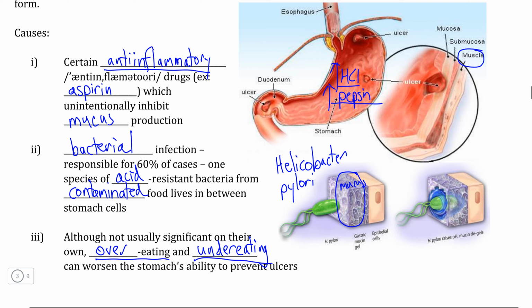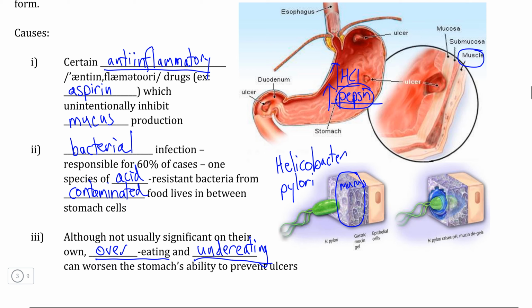Undereating is also a big problem because, as we previously mentioned, if there is no food in the stomach, pepsinogen and its active form pepsin will have nothing to digest. And one of the disadvantages of undereating is that eventually the body is going to get hungry and the brain is going to send signals to the stomach to start preparing it for food, to hopefully trigger a person that hasn't been eating for a while to start eating again.